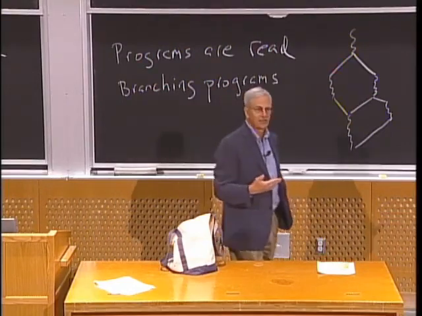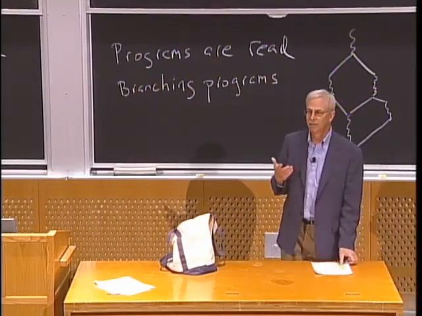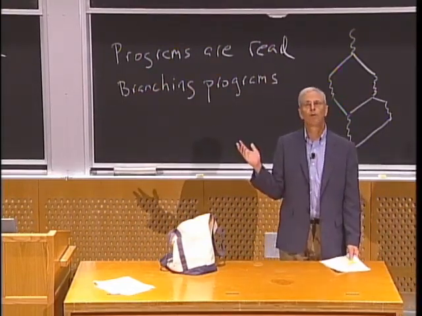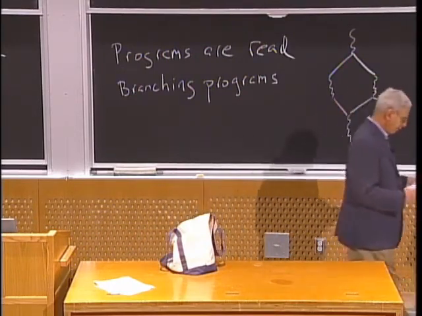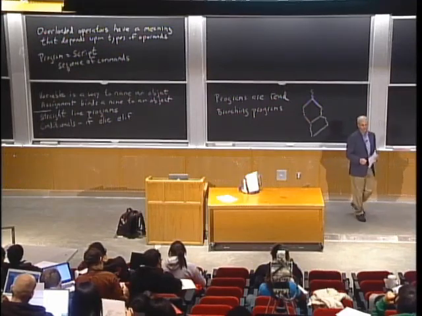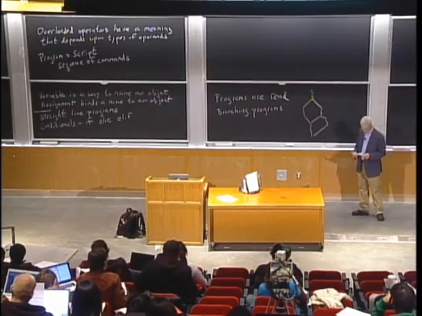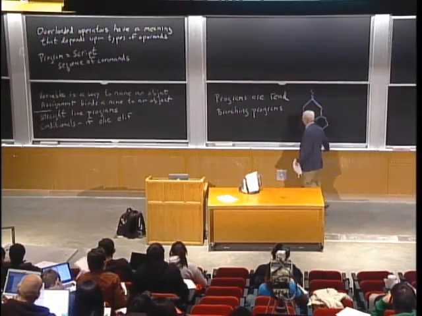So that gets us to the final concept we need to write every program that could ever be written, or at least to compute every function that could ever be computed. And that's some sort of a looping construct.